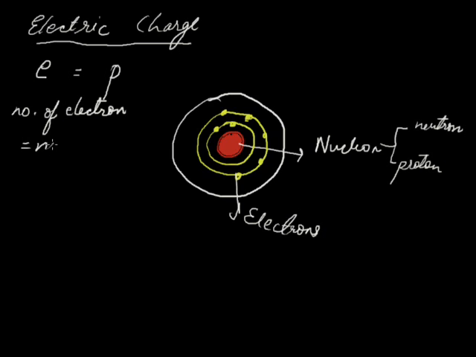That's why the total charge inside an atom remains 0, because as much negative charge is present inside the atom, the same amount of positive charge is also present. So the net charge becomes 0 and we say that the atom is electrically neutral.